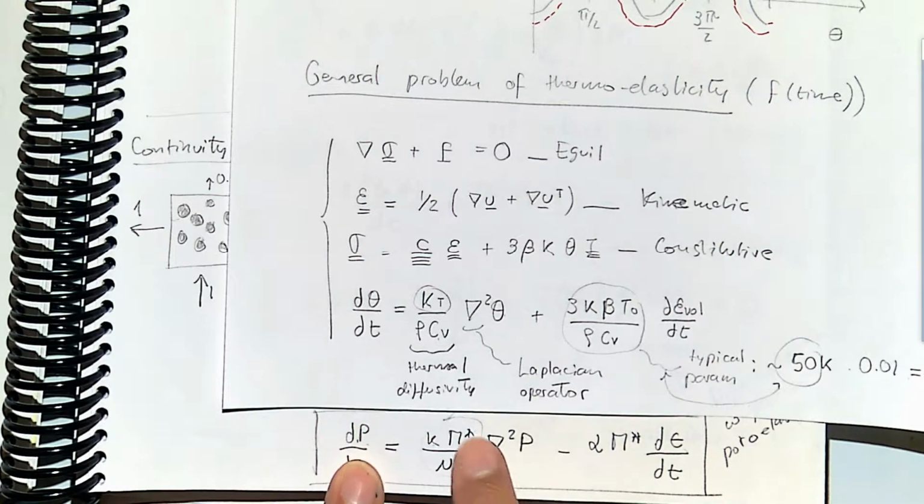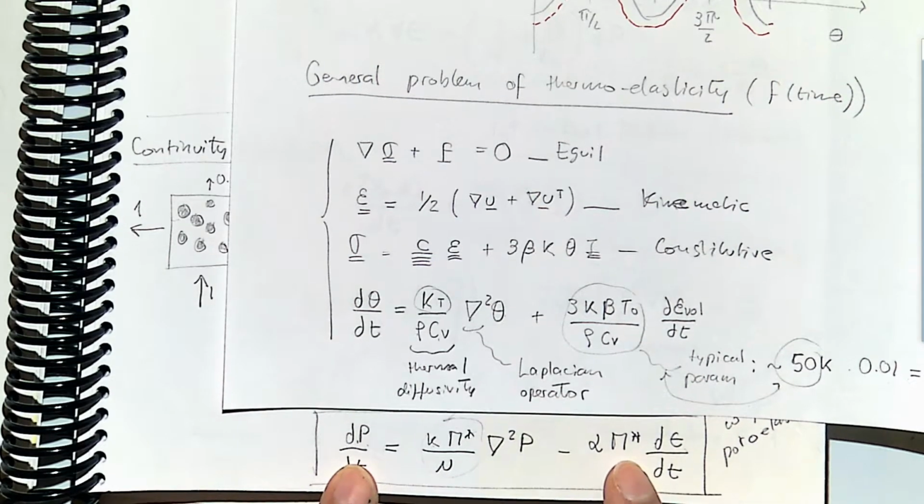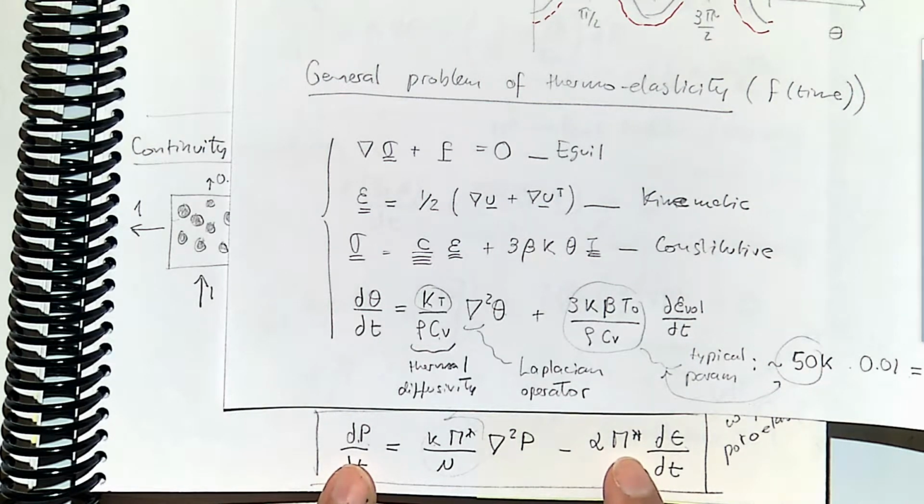You have this diffusivity parameter, and you also have this coupling parameter of volumetric strain as a function of time. But it's basically the same equation for a different physical phenomenon.